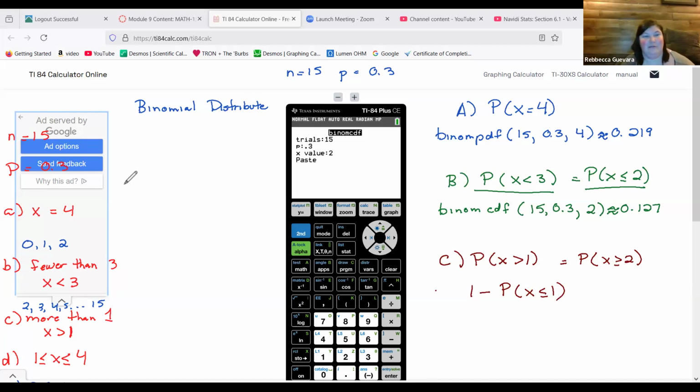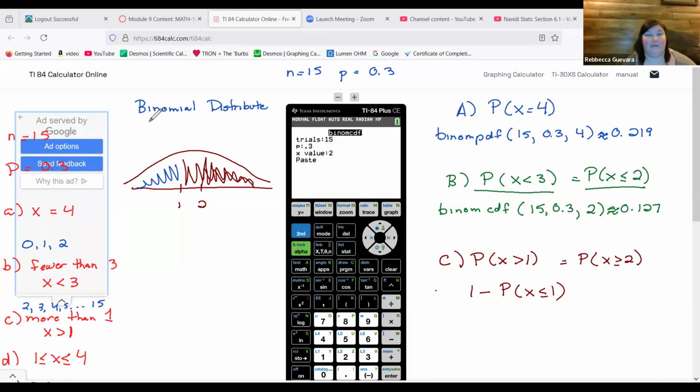Essentially, this is my distribution, and I want more than 1. So I need to figure out what less than 1 is to remove it. It's like removing an area. We're actually going to use that quite a bit later on.